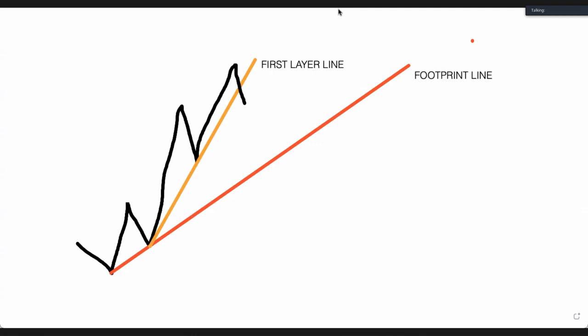So for some reason, it didn't go up, and now we start to focus on the opposite direction of this trade.